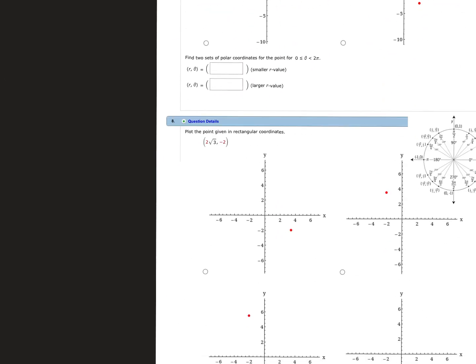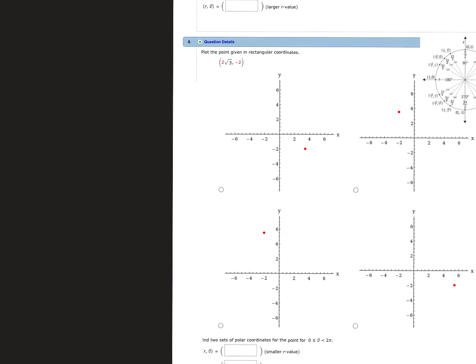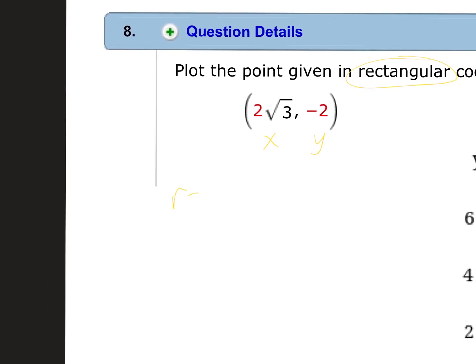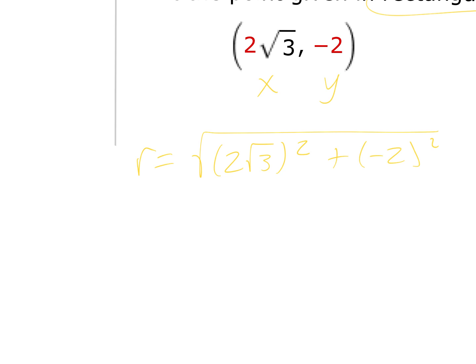All right, one more. Again, we are in what kind of form? Rectangular. What does it mean if it's rectangular? X and Y. So that means we have to find R first. Guys, pay attention. 2 root 3 squared plus -2 squared. When you square like this, where does that squared go?